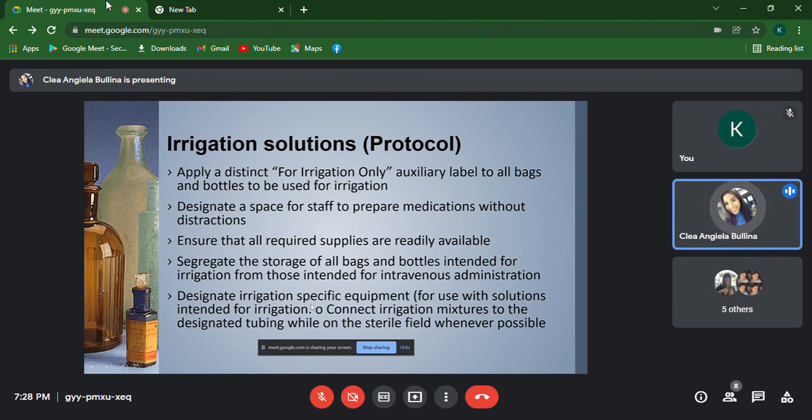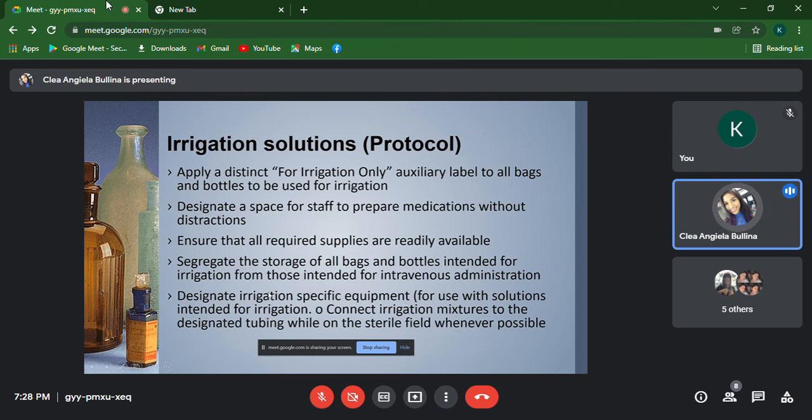Also, to designate irrigation-specific equipment. You designate yung equipment na intended lang talaga for irrigation. Huwag nyo siyang ihalo sa iba. Halimbawa, may isang equipment na ginagamit for irrigation. Tapos, ginagamit din siya for other process. Protocol ng irrigation solution, dapat yung equipment na yun para lang kay irrigation.